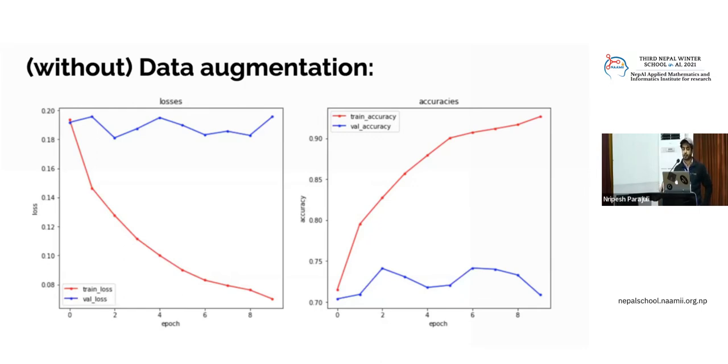How do you correct this? There are many approaches. You can maybe train a simpler model. That's one way. Maybe you can train only for 2 or 3 epochs, so that you don't go to this big gap regime.